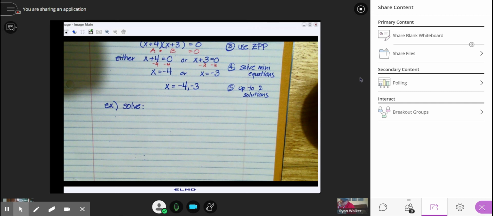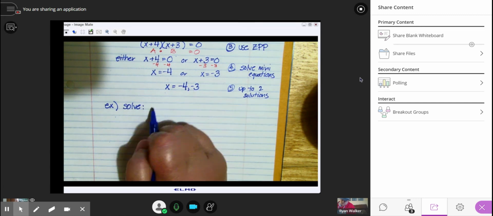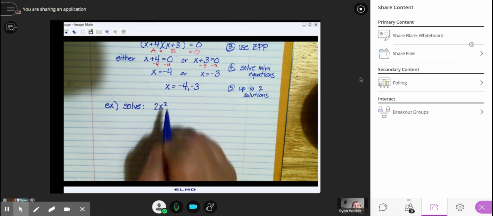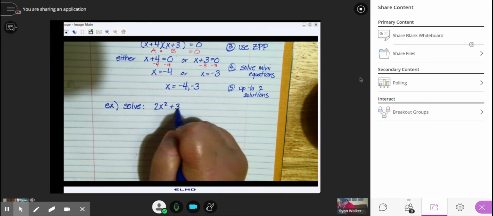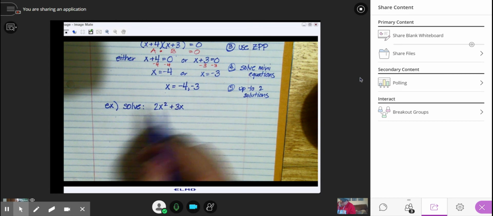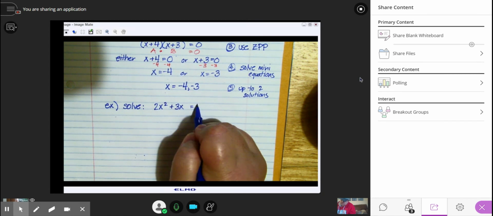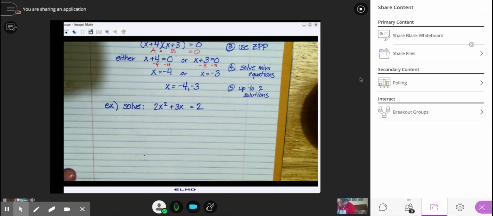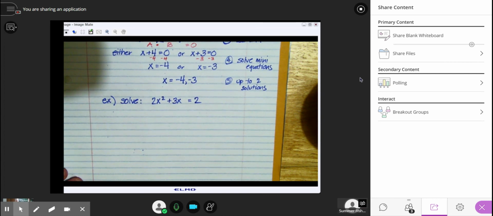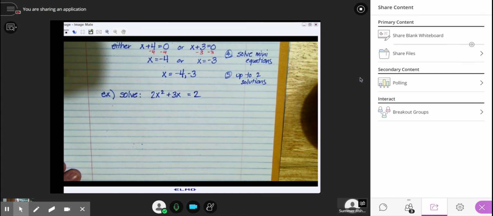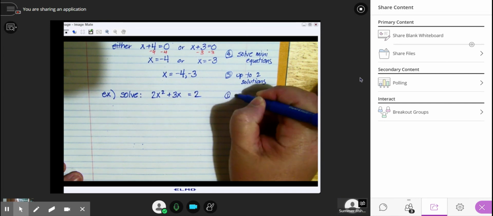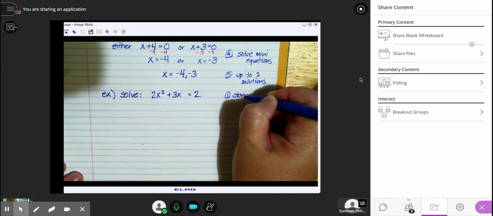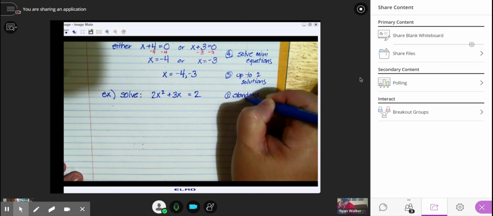All right, so let's try another one. Let's solve 2x squared plus 3x is equal to 2. Is it in standard form?